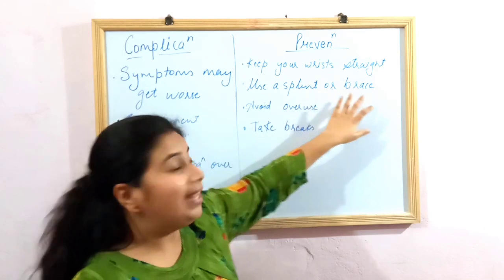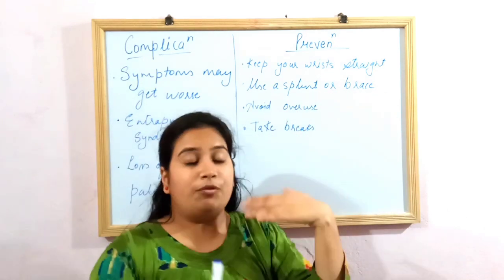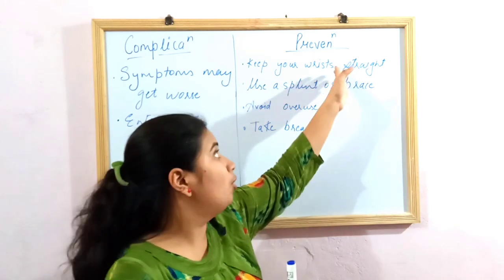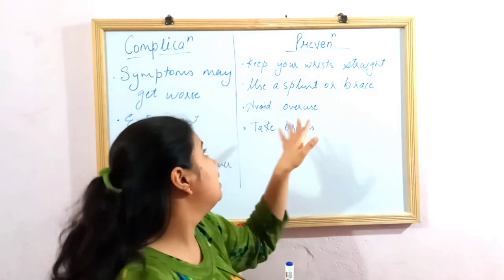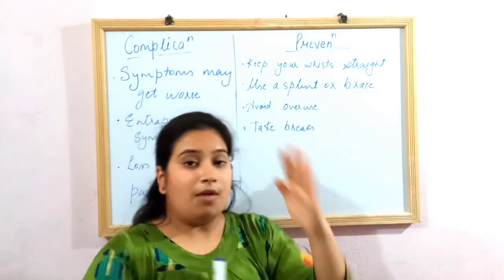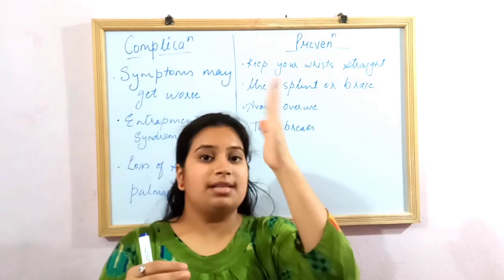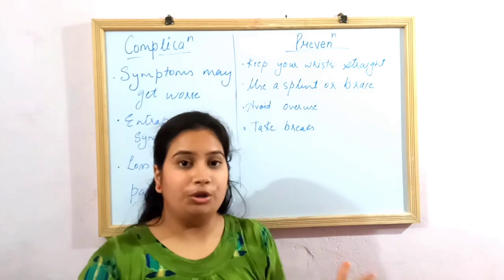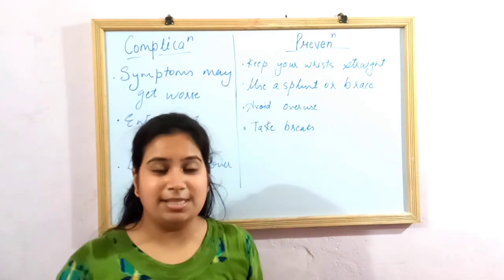Use a splint or a brace. If you are not able to keep your wrist in a neutral position by yourself, use a splint or a brace. Avoid overusing flexion movements. Avoid overusing extension movements, as I already told you. Take as many breaks as possible.